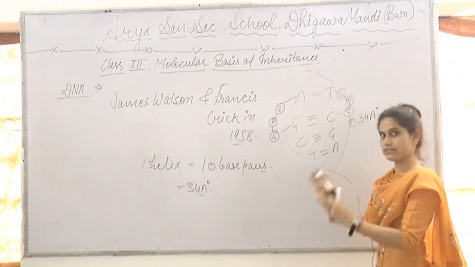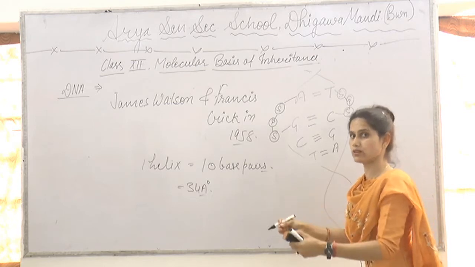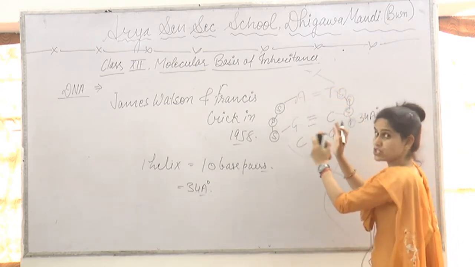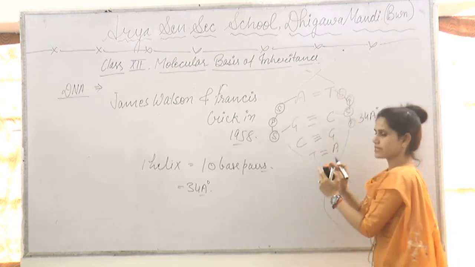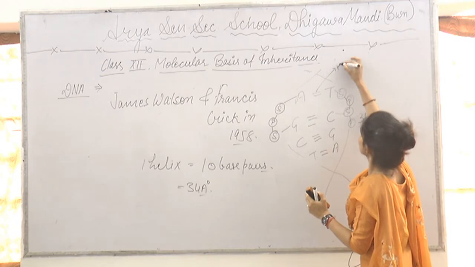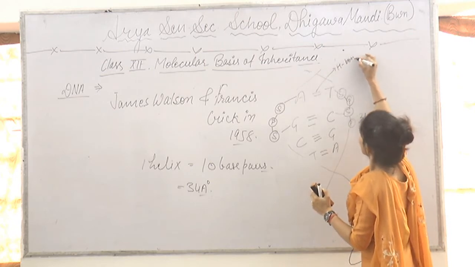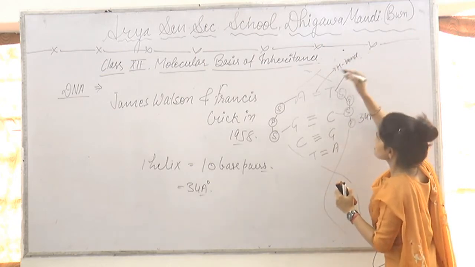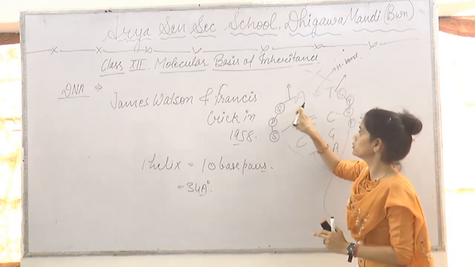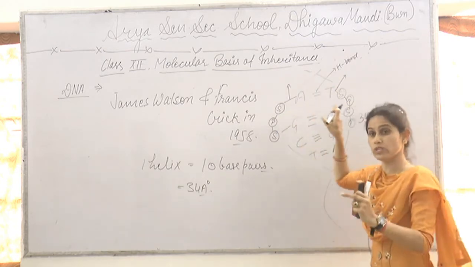Connection of nitrogenous base to pentose sugar, and this bond which is present in between both the strands of DNA, that bond is hydrogen bond. Then what about this bond which connects pentose sugar to nitrogenous base? What is this bond?